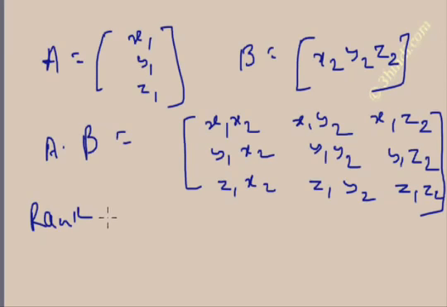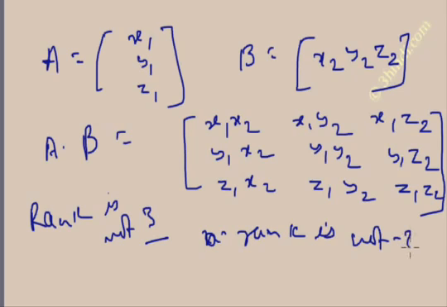The rank is also not 2, because for any selected 2 rows and 2 columns, the cross multiplication will always be 0, for example x1y2 into y1z2 minus y1y2 into x1z2 equals 0.